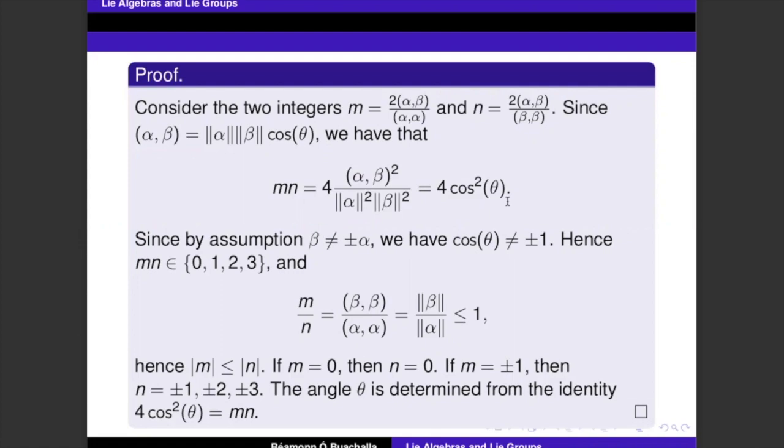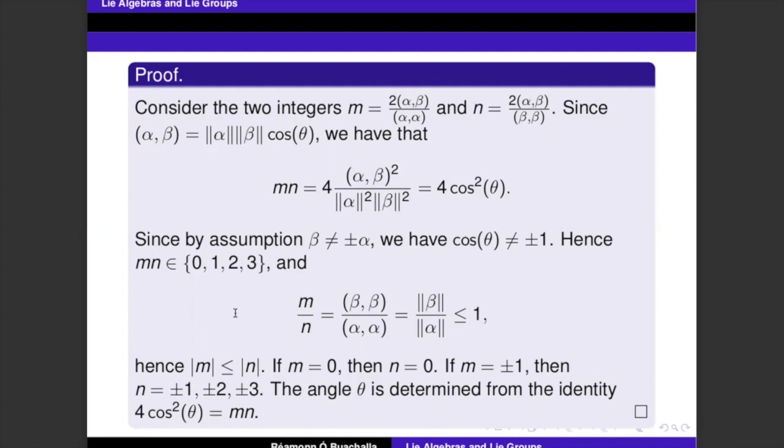Okay, just from this identity here, bring this below. Now, by assumption, alpha and beta are not related by plus or minus 1. So that means that cos theta can't be plus or minus 1, because if these vectors were the same or opposite, which is to say if the angle was 0 or pi, then the cos of that corresponding angle would be plus or minus 1.